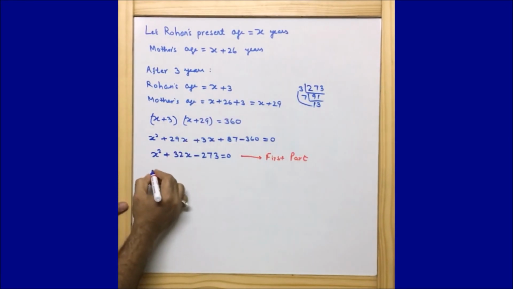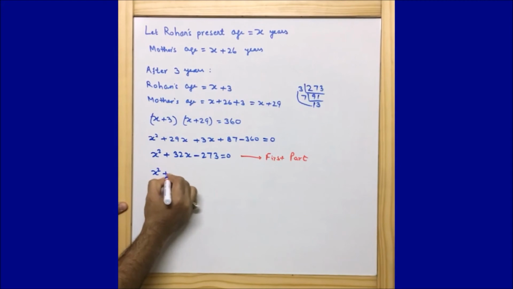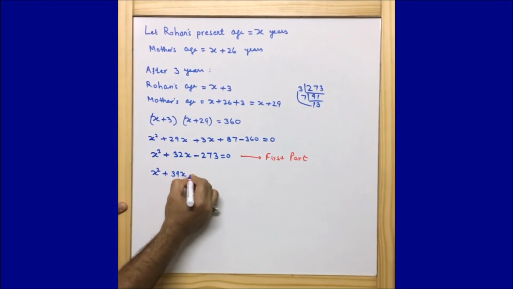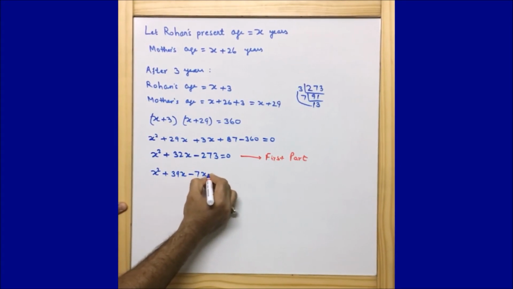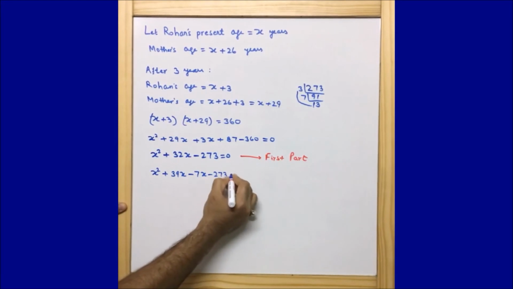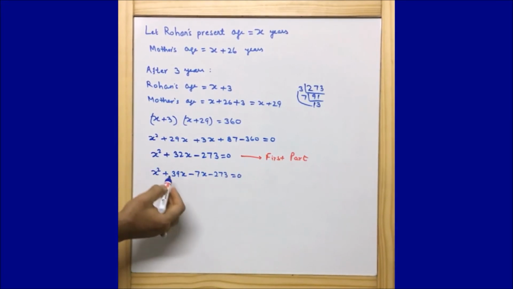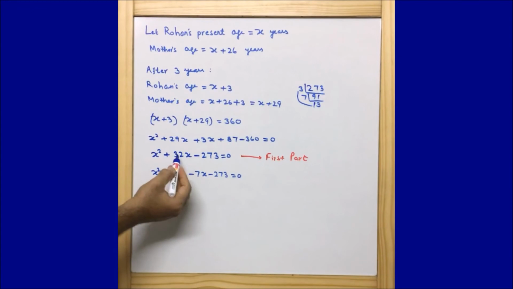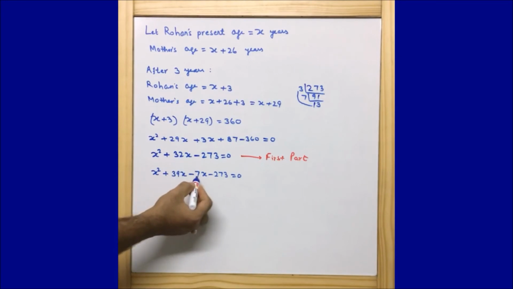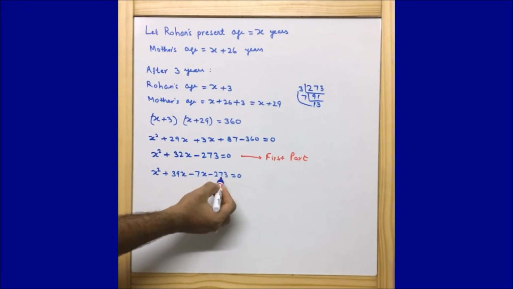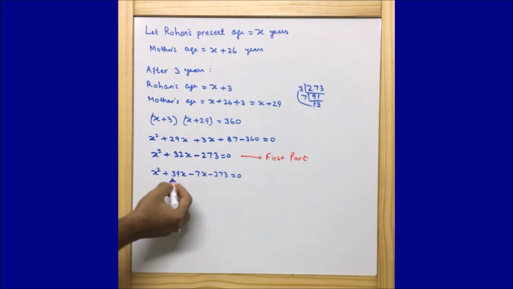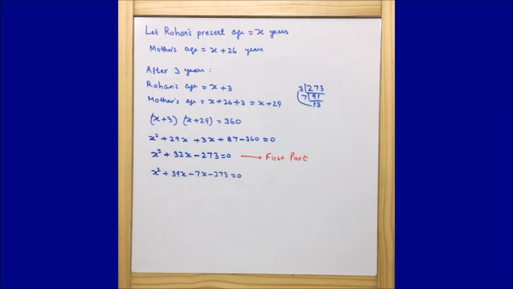Okay, let's check. x square plus 39x minus 7x minus 273 is equal to 0. So guys, I took 39x minus 7x, I am getting 32x. 39 into minus 7, I am getting minus 273. So this equation satisfies. Now let us solve this.